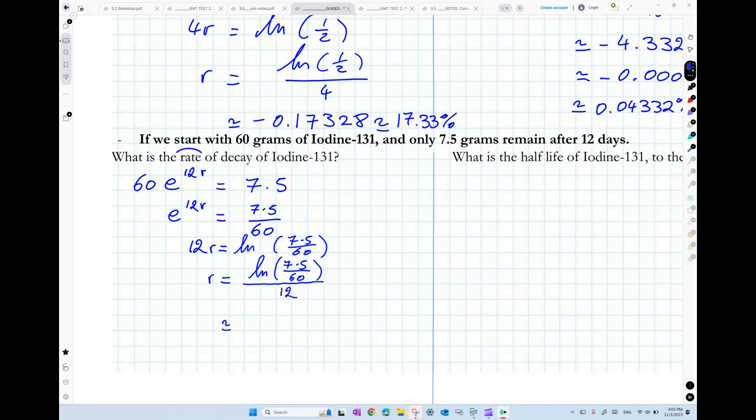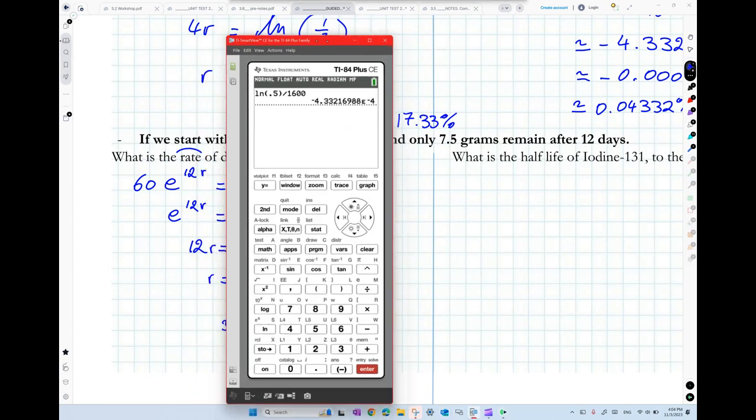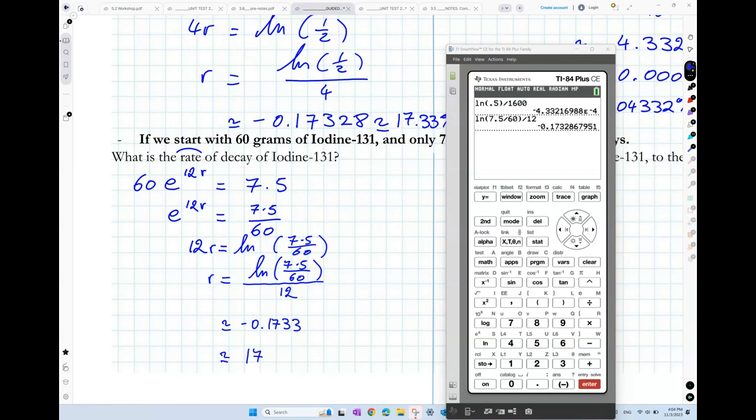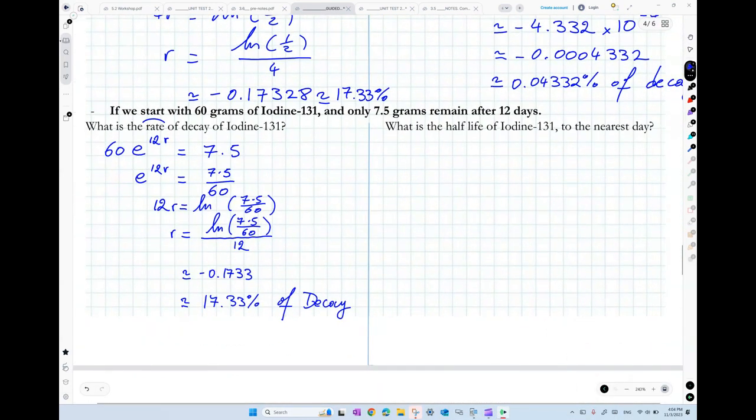I punch those numbers, and I've got negative 0.1733, let's say, which is, in percentage, 17.33% of decay. And that will allow me to answer the final question: what is the half-life?